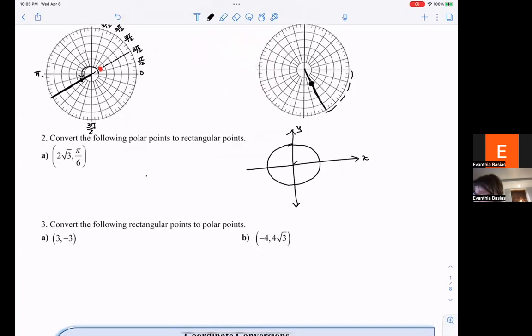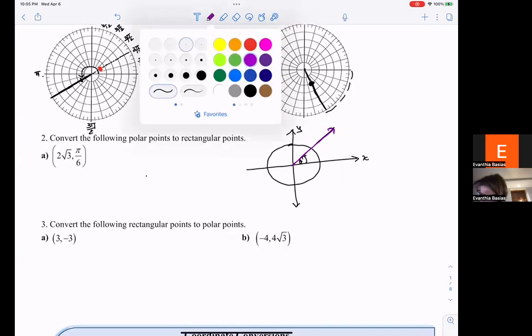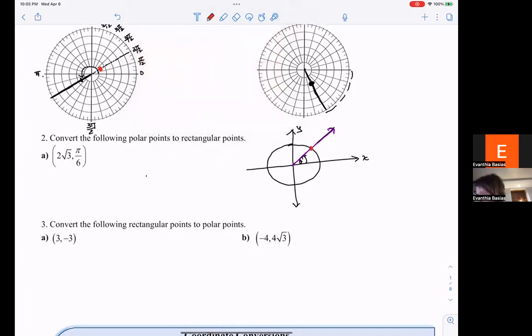And we have the angle theta. Its terminal side is here. So this point has coordinates cosine theta, sine theta. But that's if we've got a unit circle. If we had any radius, then the coordinates would be r cosine theta, r sine theta, because of a dilation. So I'm going to erase this.